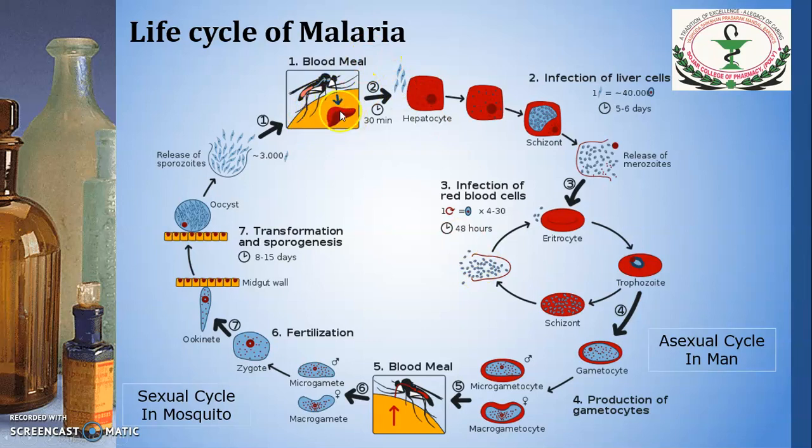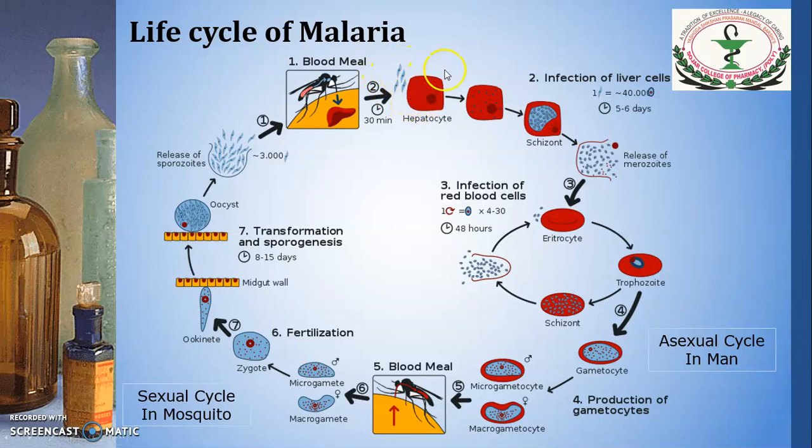Now, you can see that if a female Anopheles mosquito which is infected with the malarial parasite bites a human and has a bloody meal, during that biting it will transfer the sporozoites into the blood circulation of that human.